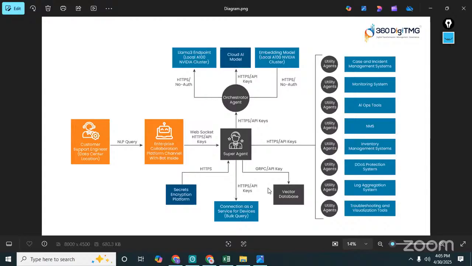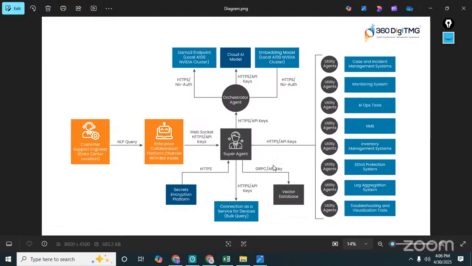The key interactions of this super agent are: it will connect with the secrets encryption platform, it will connect with the vector database, and it will have a connection as a service for the devices. It will connect with the secrets encryption platform for securely handling the credentials.